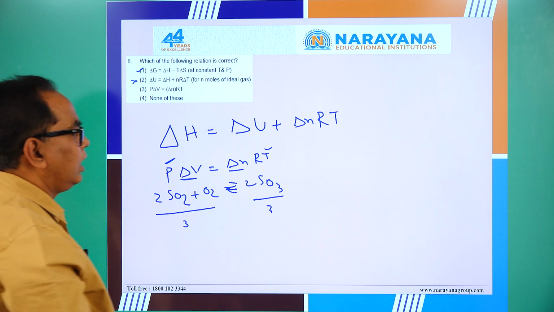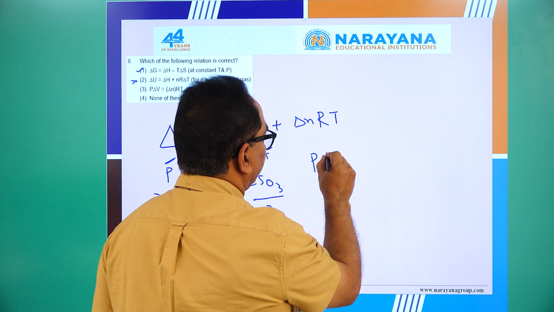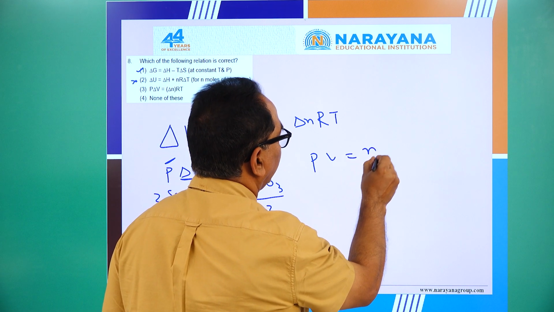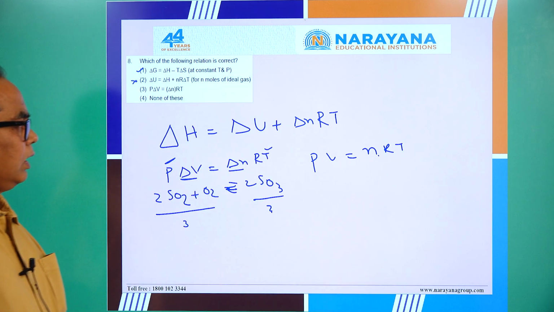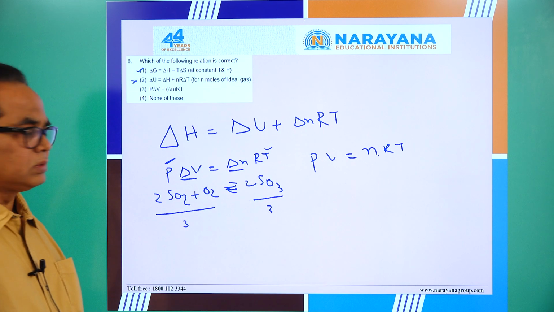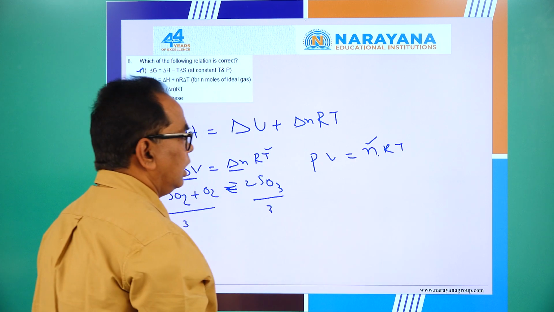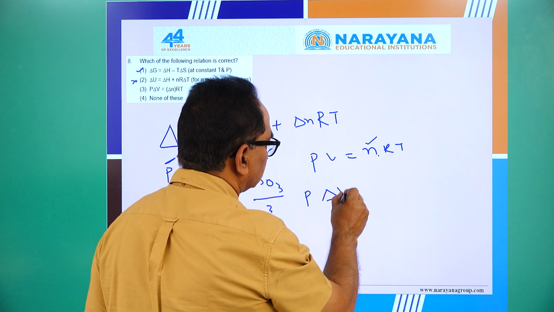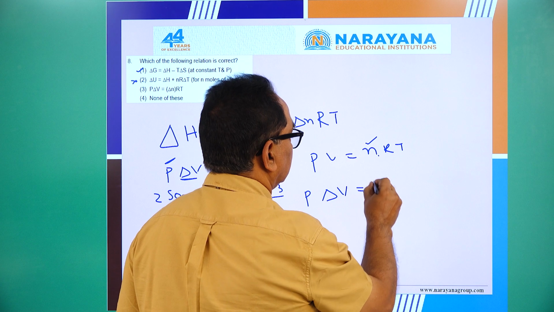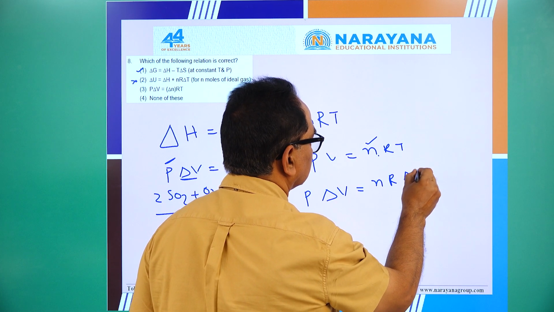When you go for an ideal gas, for which PV is equal to nRT, for a given mass of a gas, this n is constant. If you expect a change in volume here, then we should expect a change in temperature.